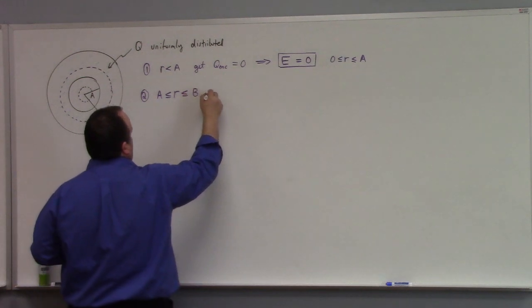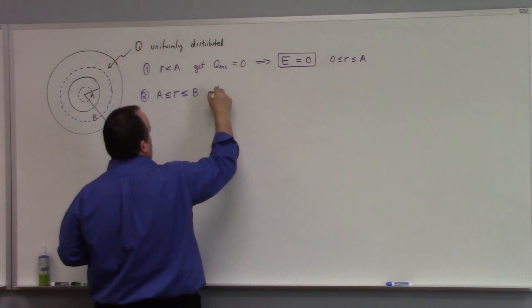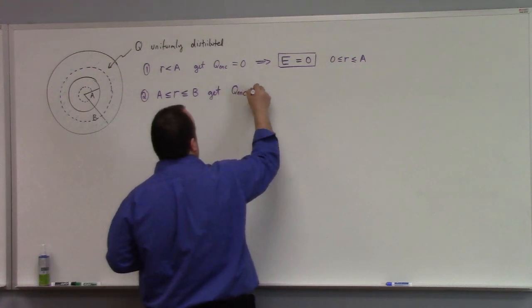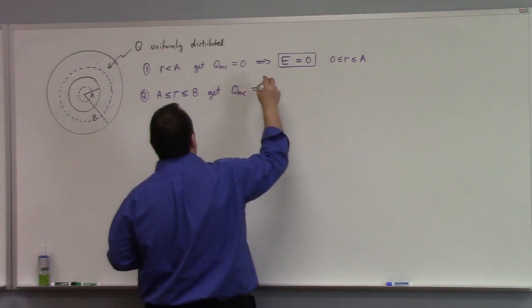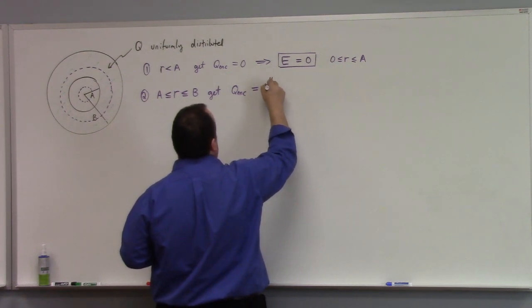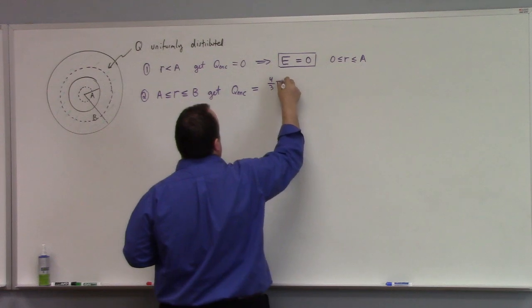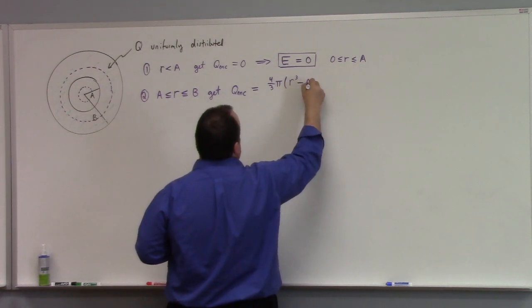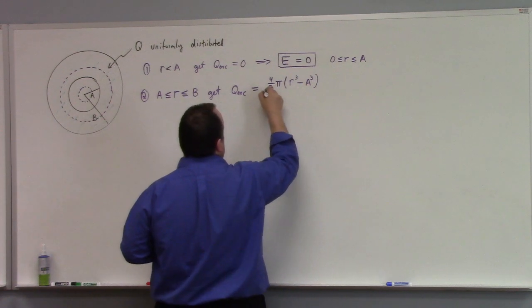Case 2, if we have A less than or equal to R less than or equal to B, we get that the charge enclosed by such a thing is equal to the ratio of the volume that we have enclosed, 4/3 pi R cubed minus A cubed. That's the volume that there's charge.